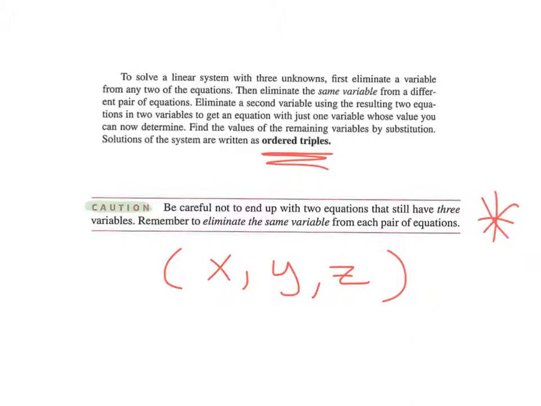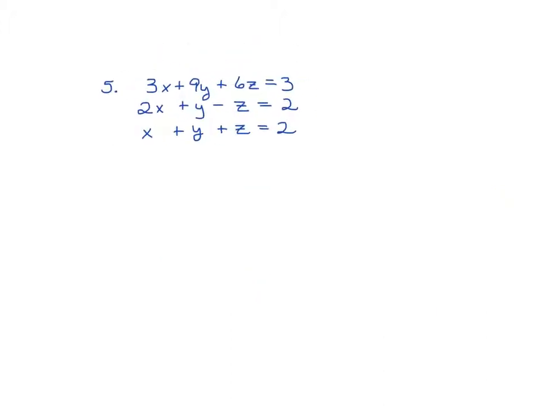That's this caution here. So here is my first system. Notice there are 3 equations and 3 unknowns. I'm still using the techniques that I just showed you when there were 2 unknowns. However, I'm going to work with them 2 at a time.